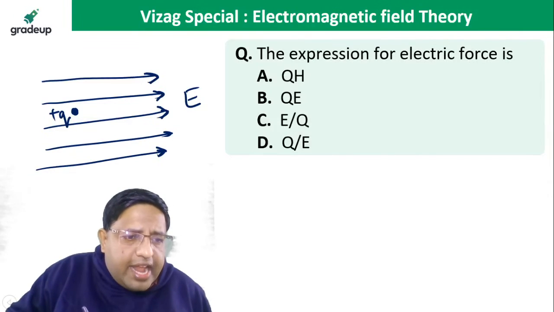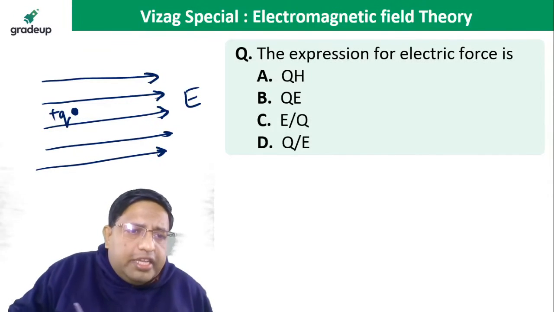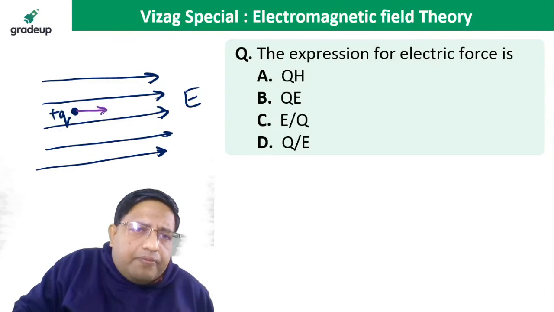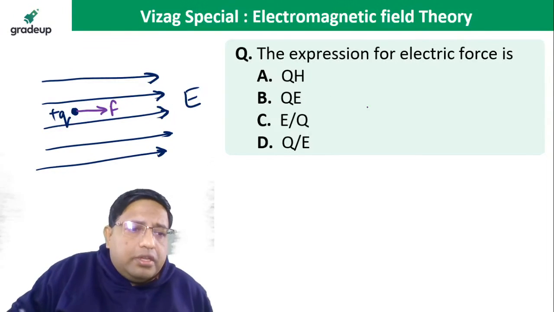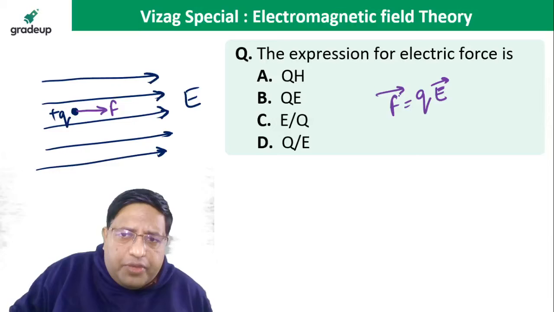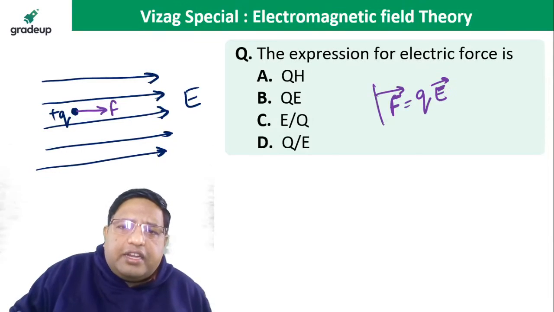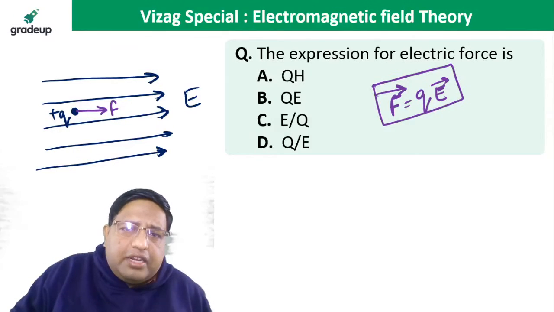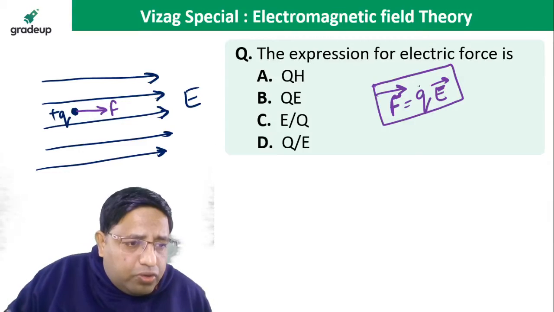What is the force acting on this charge? F is equal to QE. And the direction of the force is the same as the direction of the electric field. So F is equal to QE.